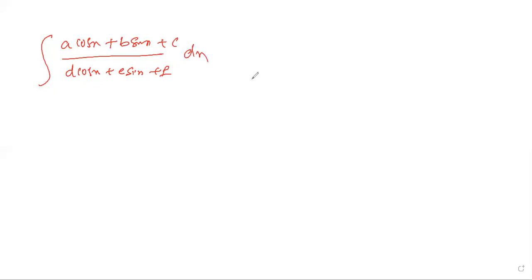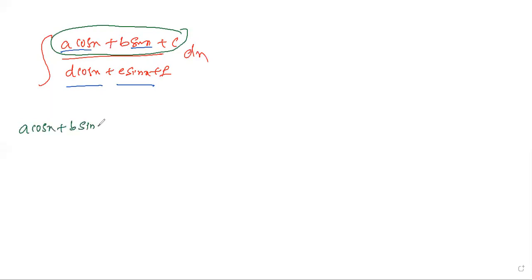What should I do? Just as in the previous model, please rewrite the numerator. What can you do? a cos x plus b sin x plus c is equal to, you have to replace it with some other component. That component is a into d by dx of your denominator term.